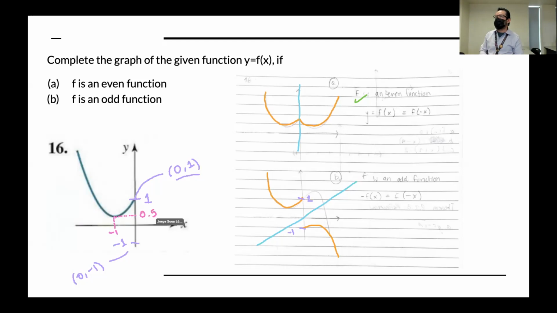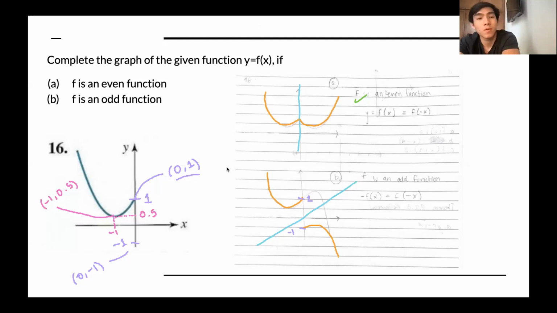This would mean that this coordinate is -1, 0.5. Okay? Are we okay up to that point, Leo? Yes. So what would the opposing coordinate be? It would be a 1. And what would be the y value if it's odd? -0.5. Correct.